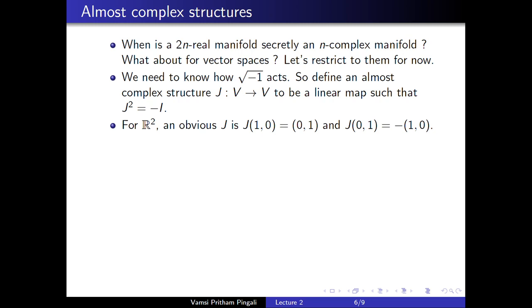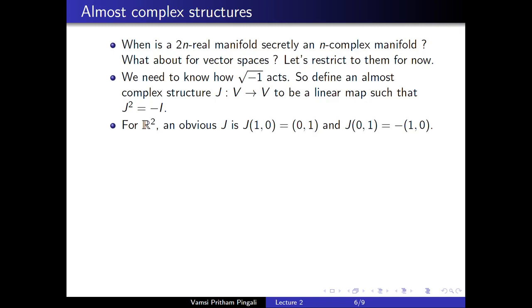So you can define the almost complex structure on a basis by this method. This is the obvious almost complex structure. Interestingly, even if you did not know R^2 is C, you could have come up with this on your own. How? You just rotate anti-clockwise by 90 degrees. That rotation will satisfy J squared is minus identity.